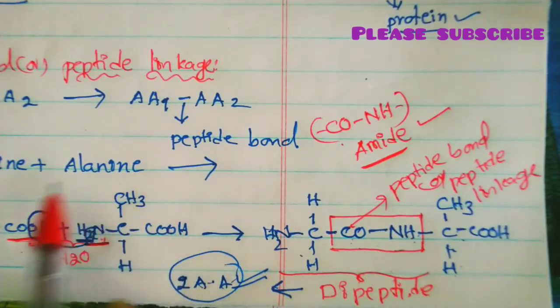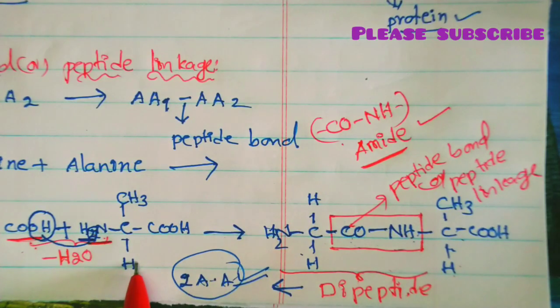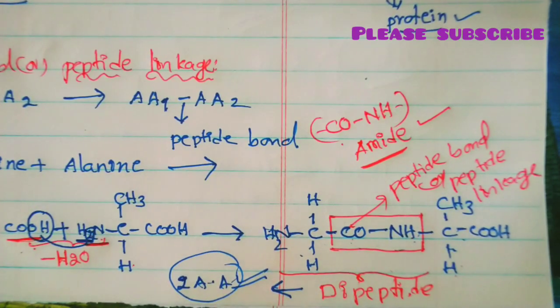Based on the number of amino acids, the product is called a dipeptide, tripeptide, tetrapeptide, pentapeptide, and so on. So I will write one general notation. Everyone should remember what is meant by dipeptide, tripeptide, tetrapeptide, and polypeptide.